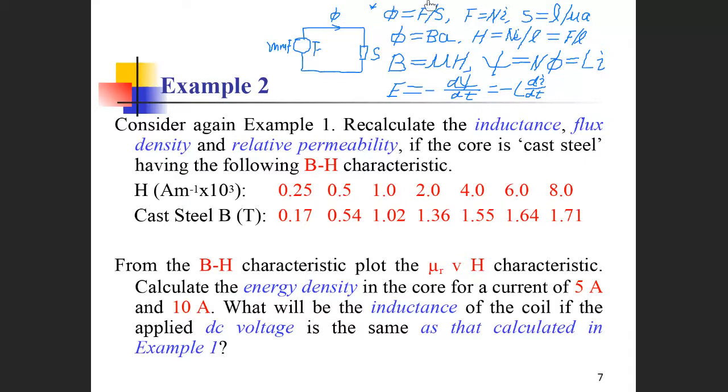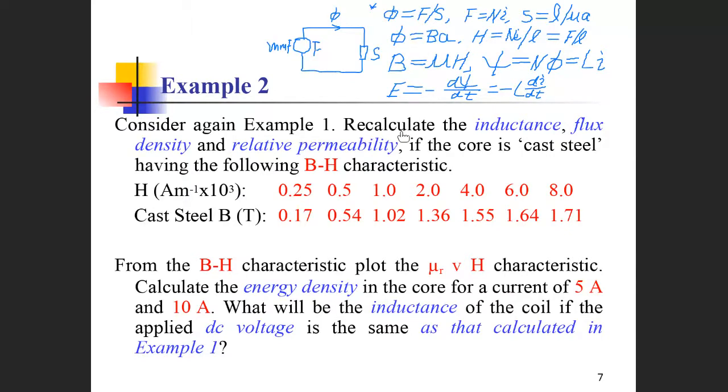So with this in mind, remember what I wrote here. Looking at these questions, we try our best to understand the meaning of each of the parameters given. So once again, consider example 1, an air-cored toroidal coil, which is a ring coil, a plastic ring.